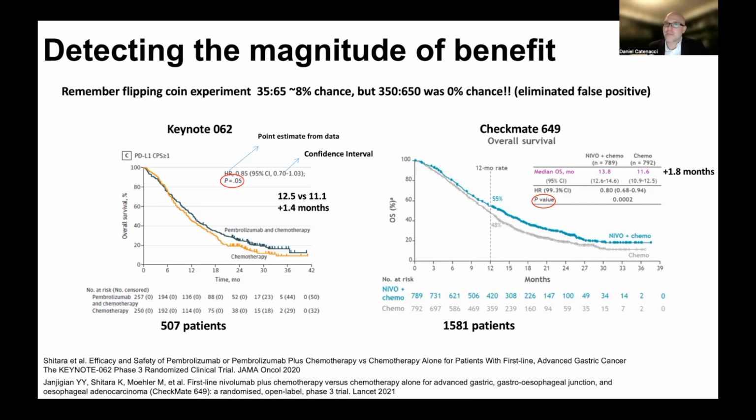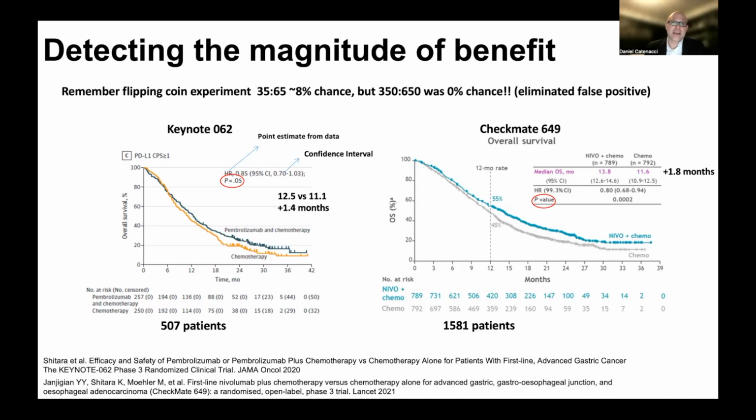And so remember the principle that if it's a smaller benefit, here we're talking about an absolute benefit of less than a couple of months, the more patients, the more likely you'll detect that and eliminate a false negative result.